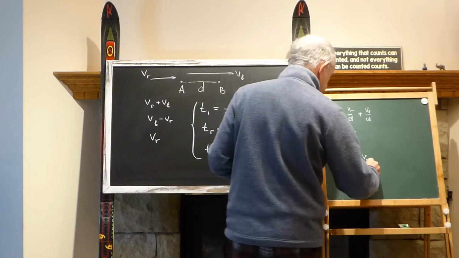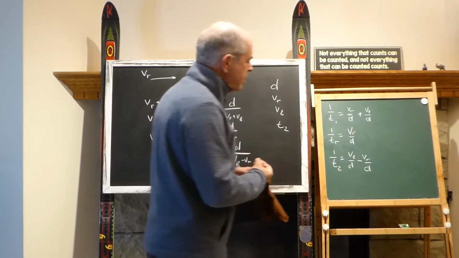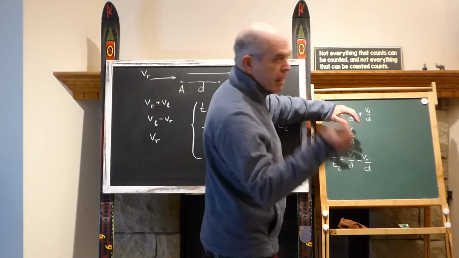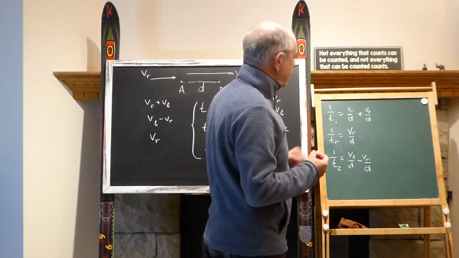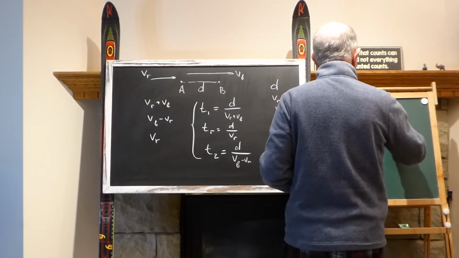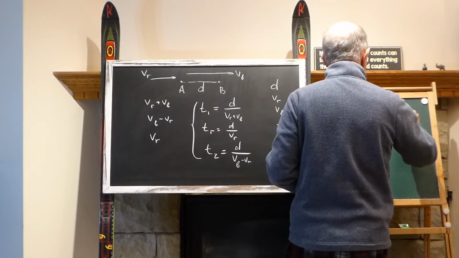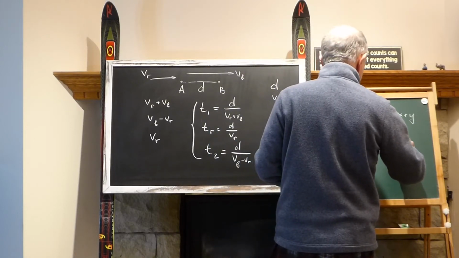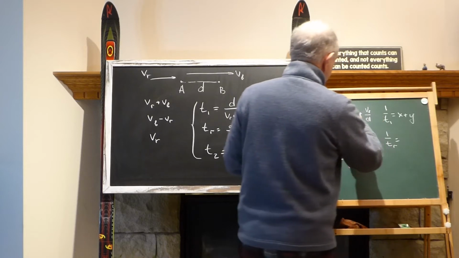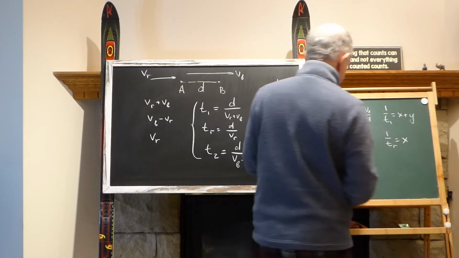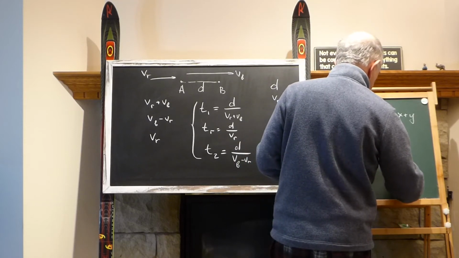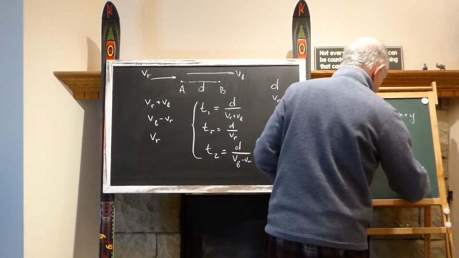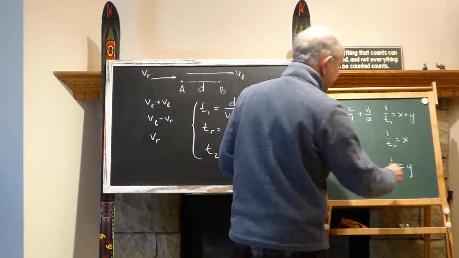Again, we have three equations, but notice, if we call V_R over D by a letter, x, and V_B over D y, then this becomes 1 over T1 equals x plus y. 1 over T_R becomes x, and 1 over T2 is y minus x.